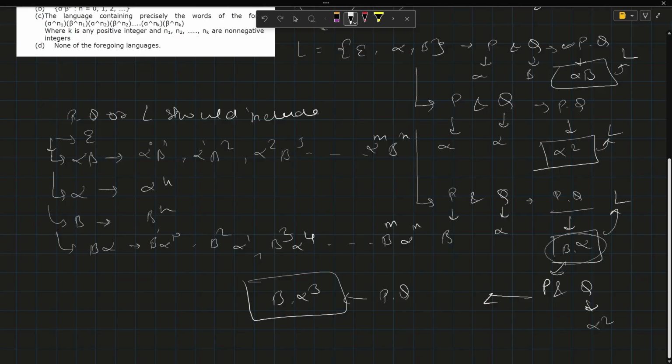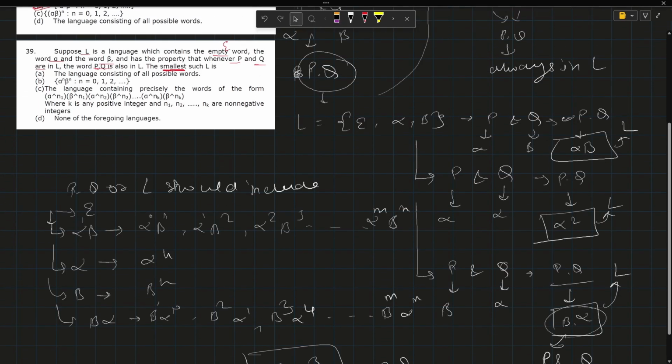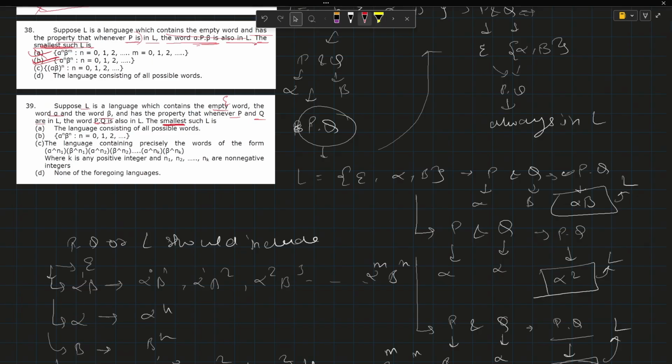So which small language includes all of these? Let's check out the options.